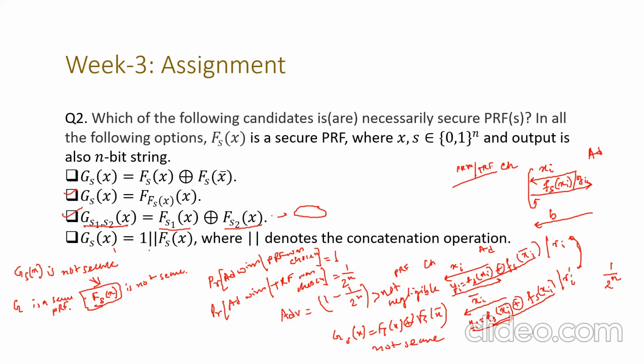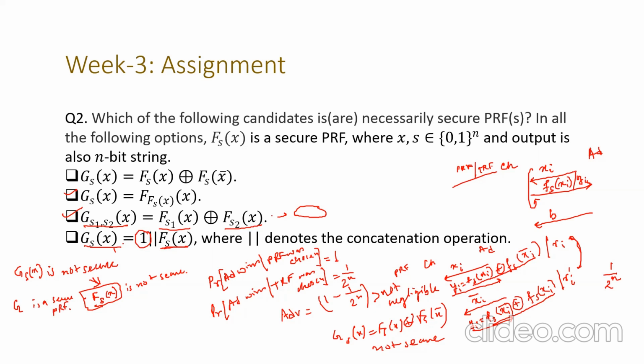And for the last one, you are always concatenating the output of a secure PRF F with a 1 at the beginning. So you concatenate 1 with the output of F of S of X. Although this is a pseudorandom thing, the first bit of the output of G is always 1.